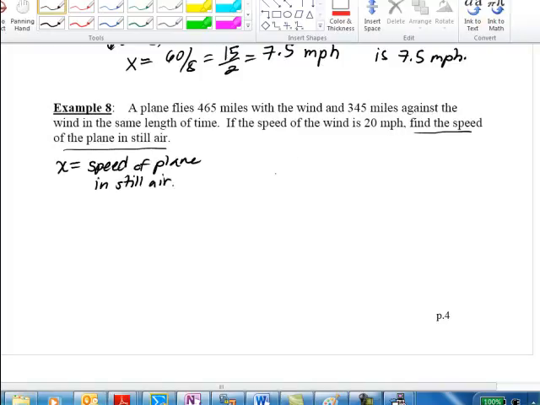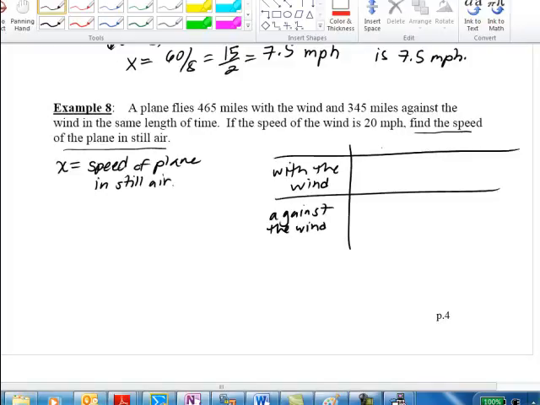And we can do our chart again with the wind and against the wind, and a distance, rate, and time for each one. This time, let's fill in the rate column first. With the wind, we're going to be going faster, so we'll add the wind speed to the speed of the plane in still air.